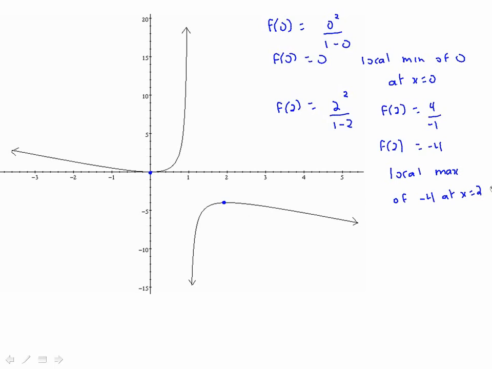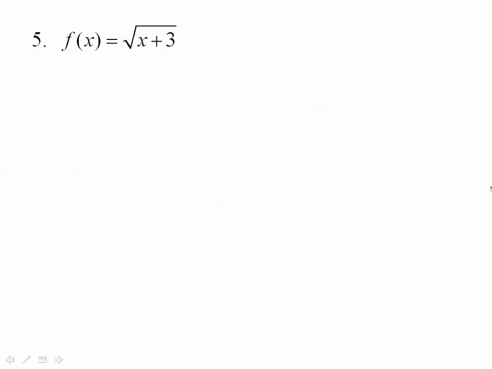Now we've been going on a long time here, so I'm just going to quickly go through the next function leading to the graph, just because this is a variation that might interest you. So for the square root of x plus 3, x has to be greater than or equal to negative 3. So x plus 3 has to be greater than or equal to 0. So when we differentiate it, f at x is equal to x plus 3 to the 1/2.